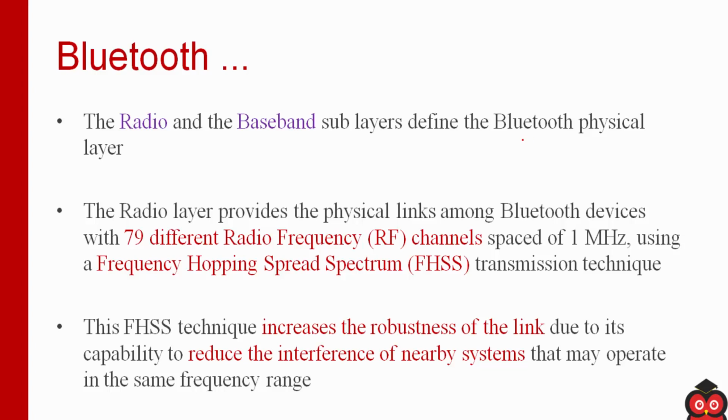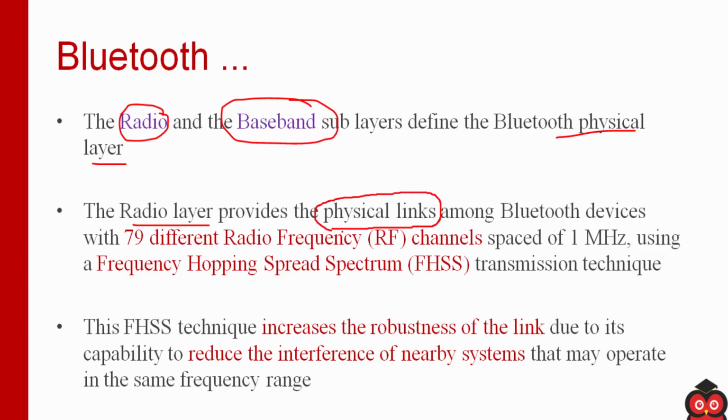As I have already told you, the physical layer of Bluetooth contains the RF, that is the radio, and the baseband sublayers. The role of the radio layer is establishing the physical links among Bluetooth devices.